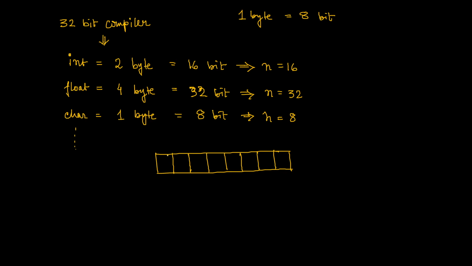Technically we call this unsigned. Unsigned means that we are not caring about the sign bit. That means the MSB that we have is a part of the data.